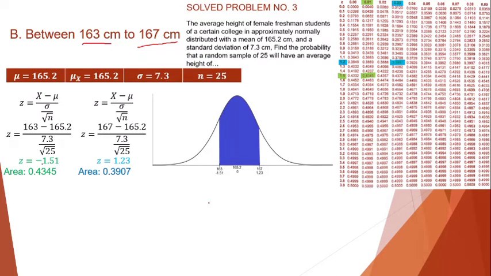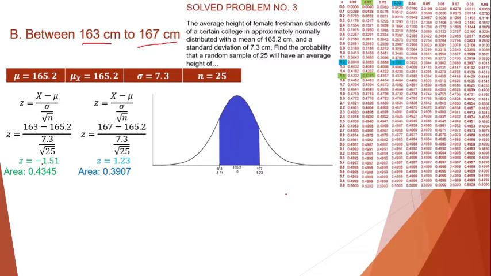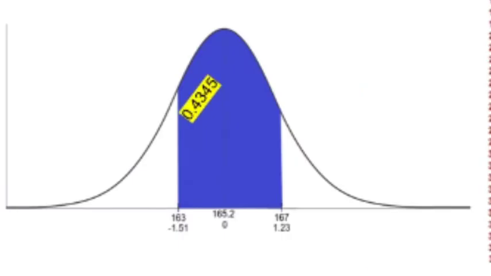So we have negative 1.51 and 1.23. Now, let us proceed. So this is your area from 0 to 163 or from negative 1.51, and your area from 0 to 1.23 has an area of 0.3907.